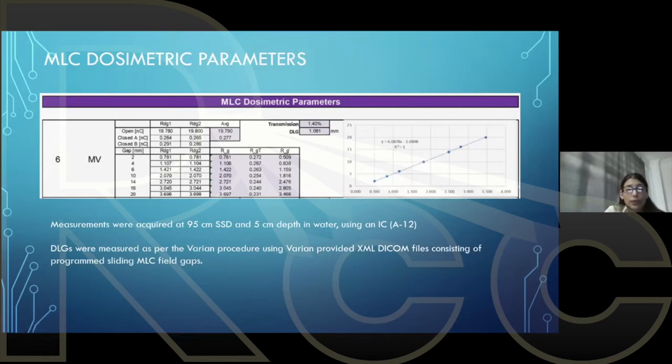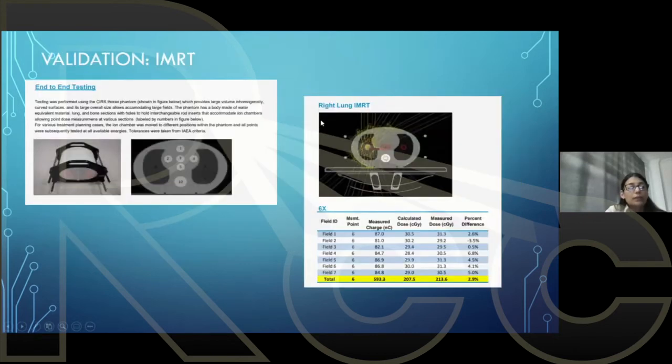and we follow the procedure. Also, after we did these measurements, you go back to your treatment planning system and enter this value here, but then you have to start planning and do some validation tests.